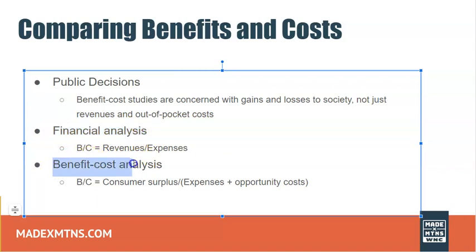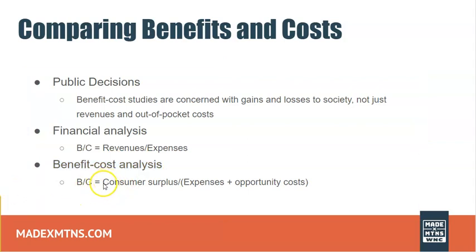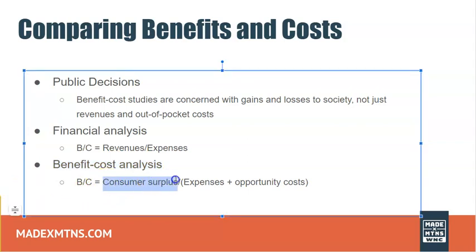So we're doing a benefit cost analysis where the benefits of outdoor recreation are these consumer surplus benefits. Okay, people's willingness to pay over and above the amount of money they spend on the recreation activity.